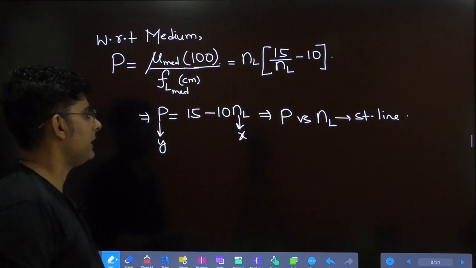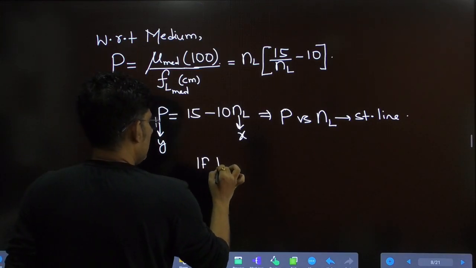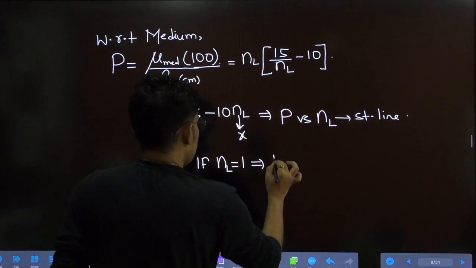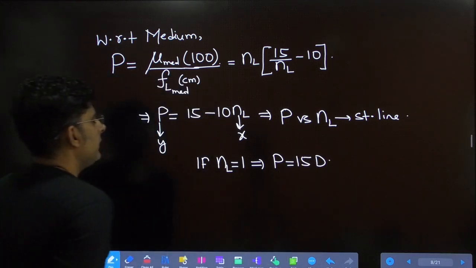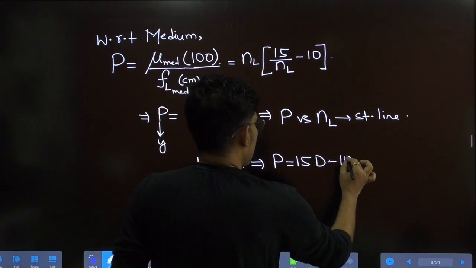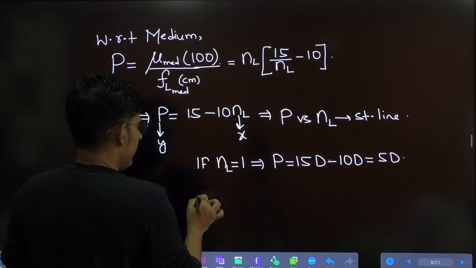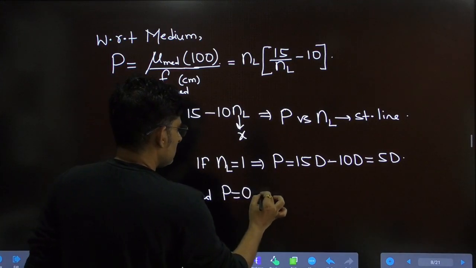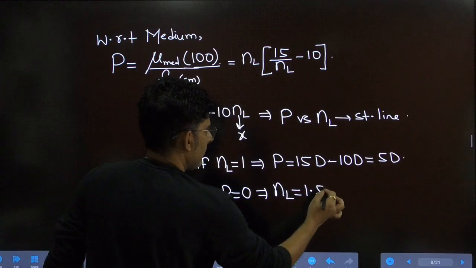And how will the straight line look? Simply, if the least value of NL, which we know is 1, so from here P will become 15 diopters minus 10 diopters, which is 5 diopter, and P will become 0, then NL will become 1.5.